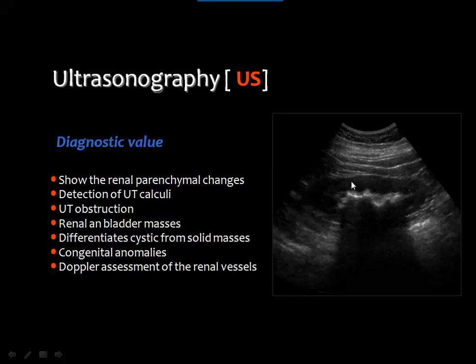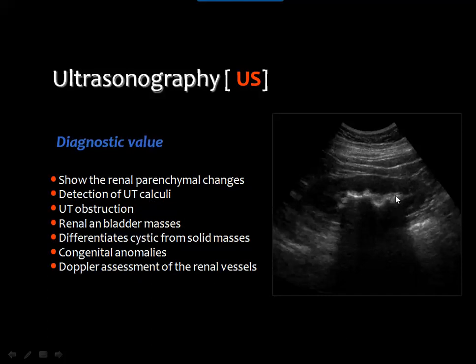Regarding the echogenicity of the renal parenchyma, the sonographers usually divide renal parenchymal disease into grade 1, grade 2, and grade 3 renal parenchymal disease according to the echogenicity of the renal parenchyma compared to the adjacent liver and spleen. And detection of urinary tract calculi, especially in the kidney and in the urinary bladder.